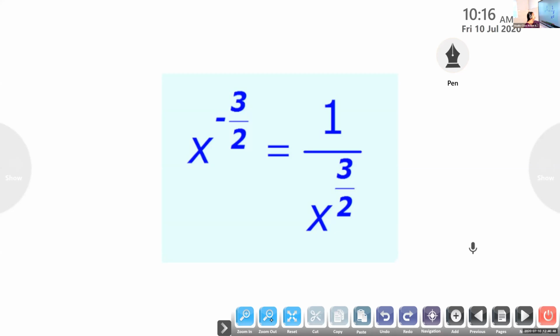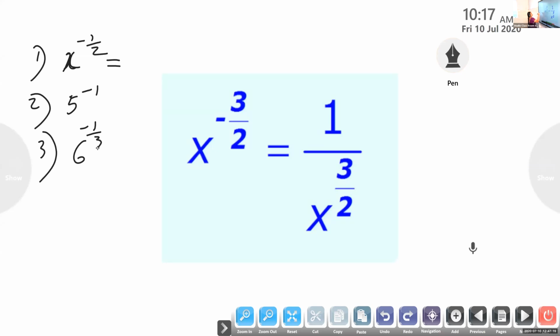X raised to negative 3 by 2 equals 1 by x raised to 3 by 2. The power becomes positive. Now some examples: x raised to minus 1 by 2, 5 raised to negative 1, 6 raised to negative 1 by 3, 7 raised to negative 2 by 4.